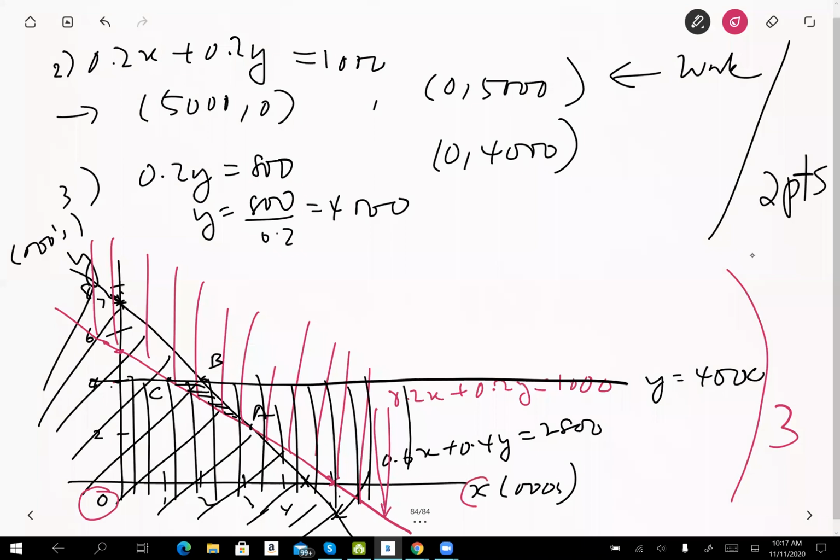You label your x. You label your y. And then you shade the inequalities. That means for each of these inequalities, you show the regions. And then the feasible region: from the regions, you come up with the feasible region.